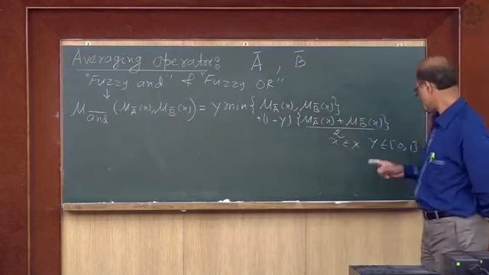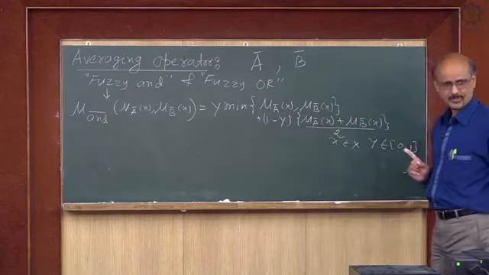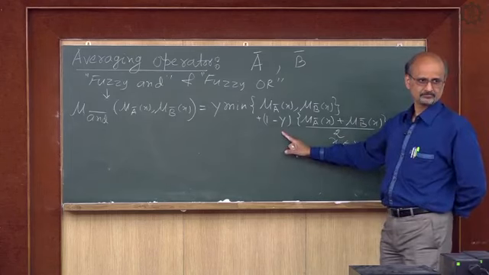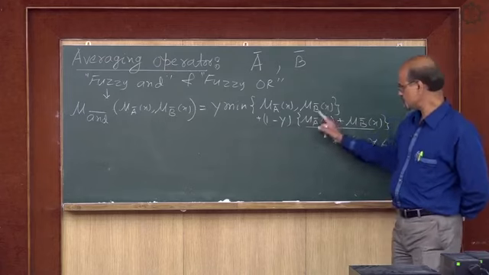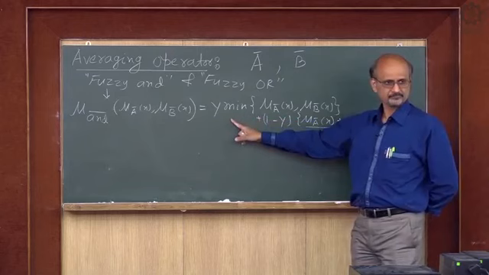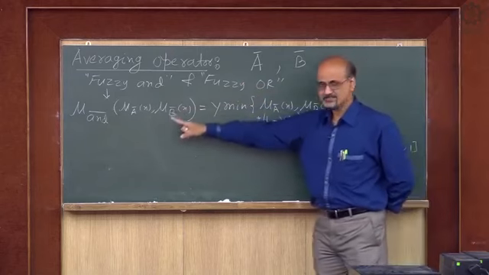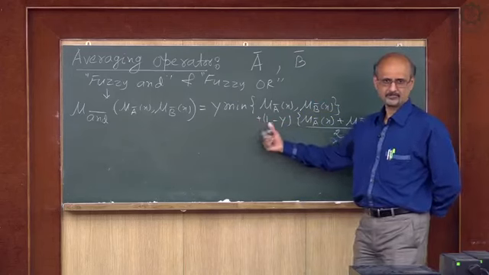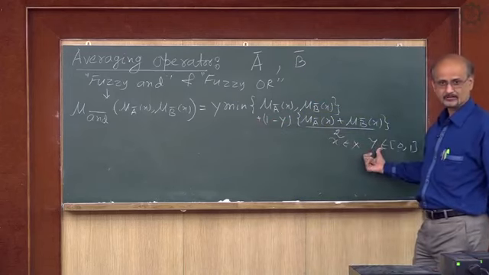Now, you see gamma belongs to 0 1. If I put gamma equal to 1, this term is 0, so you will get only this term. That means this fuzzy AND operator becomes a minimum operator for gamma equal to 1.